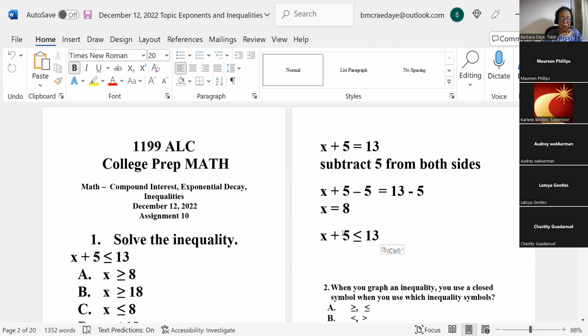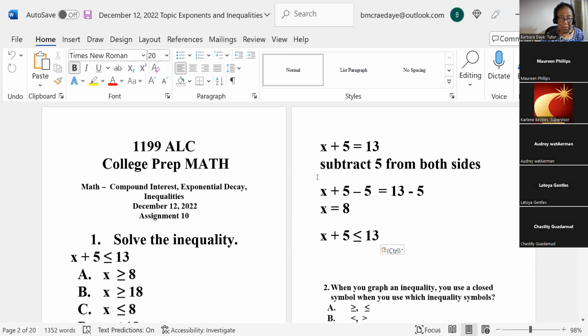So what would you do first? Same step. Let's see. You're trying to get these constants together, the 5 and the 13. So what you did, you subtract 5 from both sides.